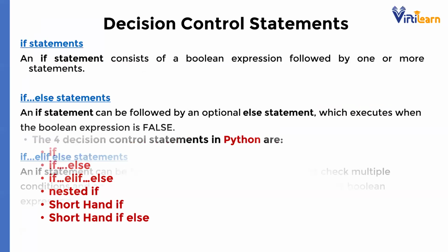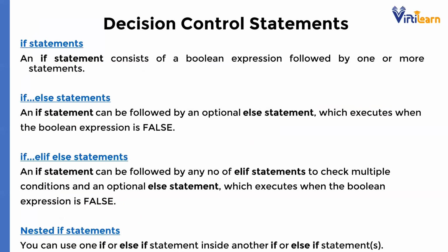For now, coming to the if statement. I'll give you a simple formula to remember them. Whenever you only have one choice to make, you will use the if statement. When you have two choices, you will use if else.